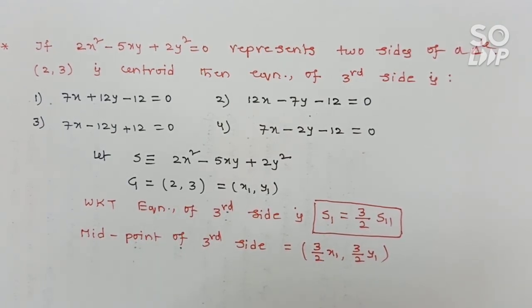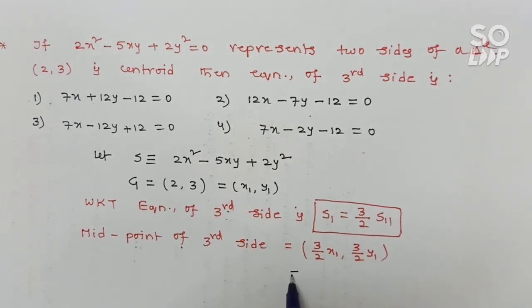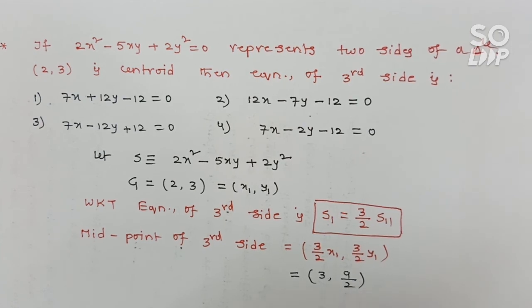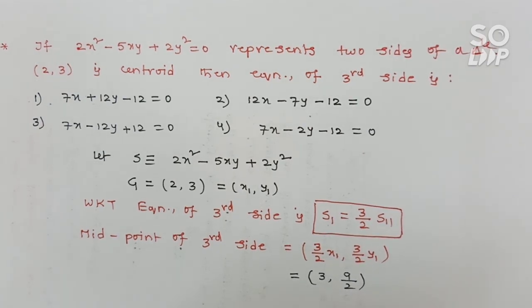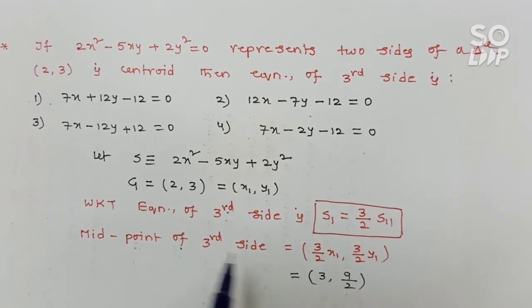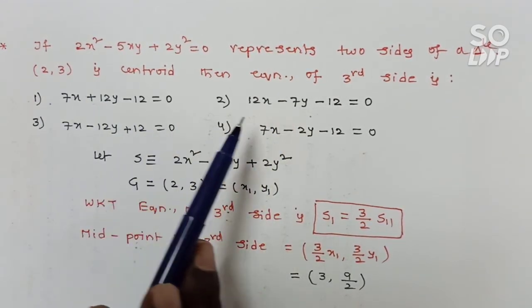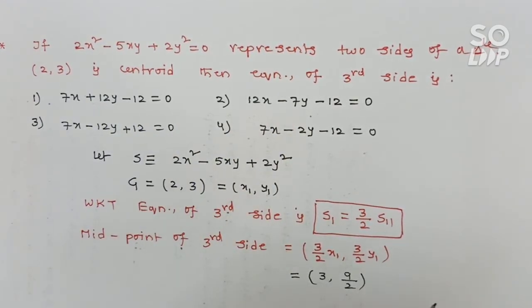By substituting x1 comma y1 in this formula, we'll get 3 by 2 into 2, 3 by 2 into 3, that is 3 comma 9 by 2. Here this one is the midpoint of the third side. Now by using this point, whichever line equation it satisfies, that is the correct answer.